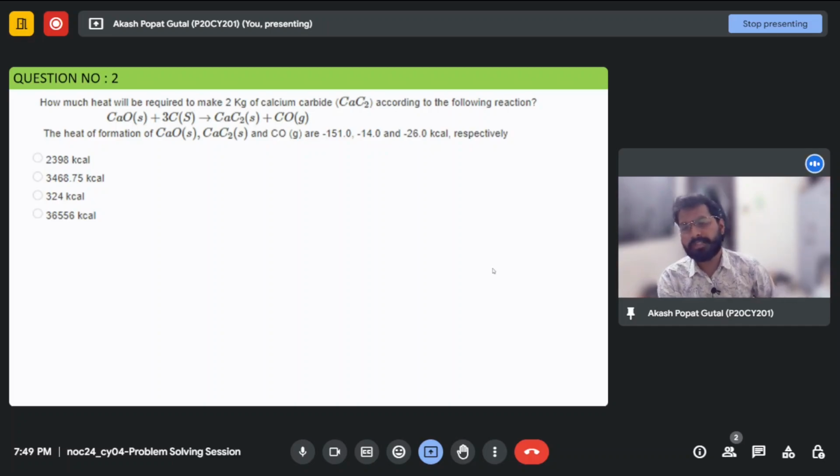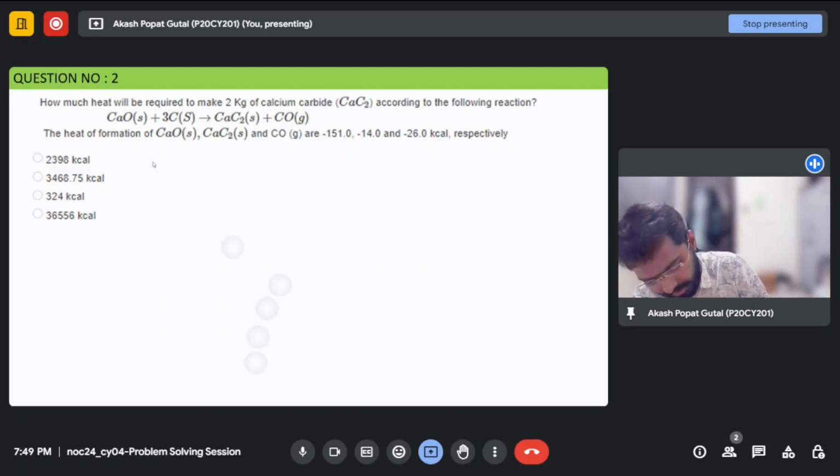The heats of formation of CaO in solid state, CaC2 in solid state, and CO in gaseous state are given. We are asked for the heat required to make CaC2. It's nothing but the enthalpy change of this reaction, that is, the formation of CaC2.